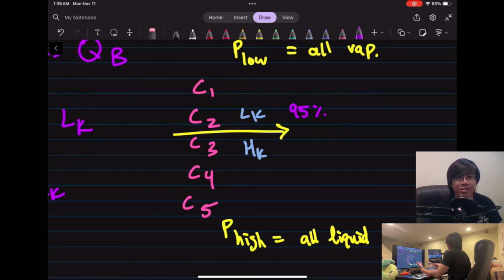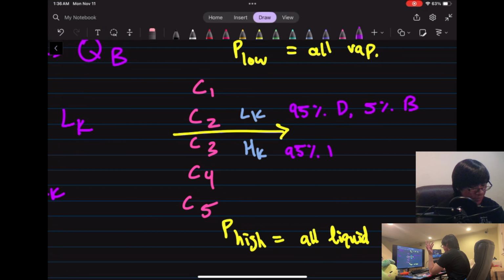The light key is predominant in the distillate. That's why it's the lighter key. It goes up. So 95% in the distillate, 5% in the bottoms. Conversely, the heavy key is dominant in the bottoms, so maybe 95% in the bottoms and 5% in the distillate.